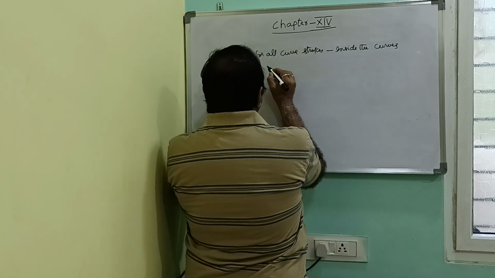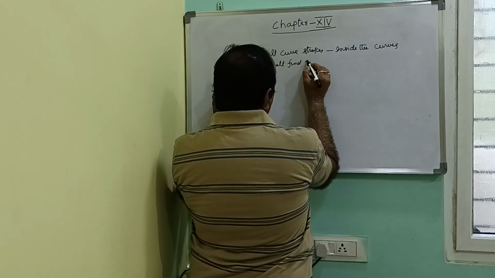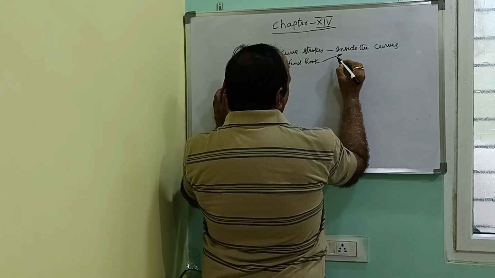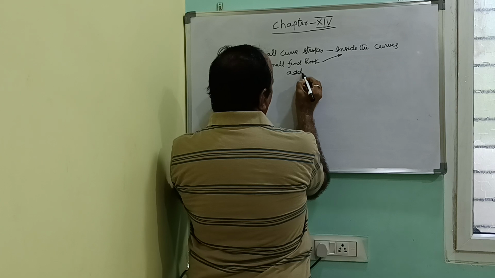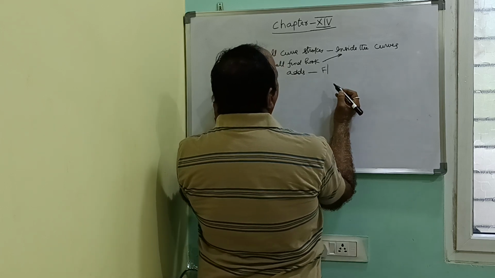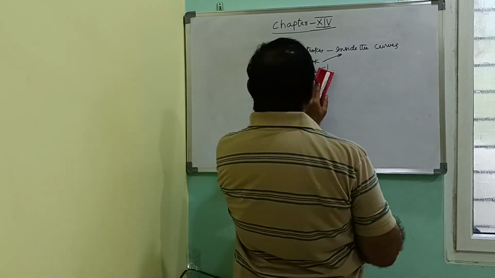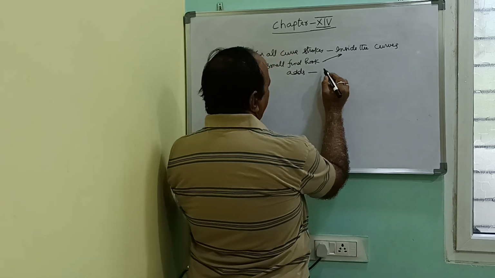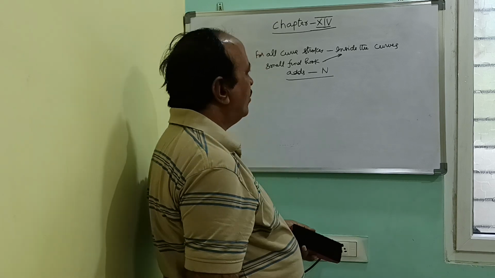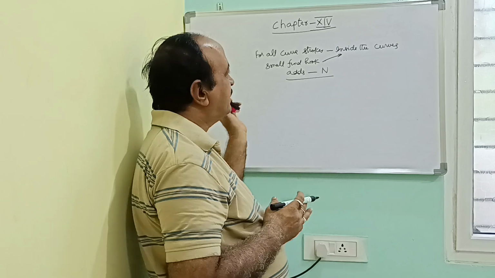That means a small final hook inside the curve strokes adds only the sound of N. There is no F effect here. For all the curve strokes, we write a small final hook inside the curve itself.